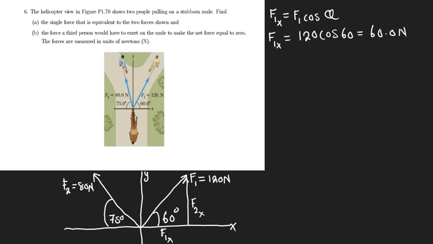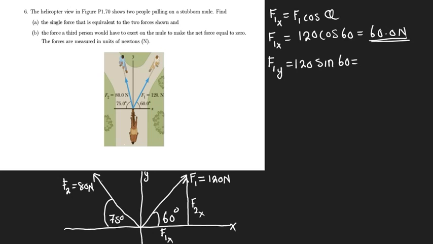And then we can calculate F1y. F1y is going to be F1, which is 120 newtons, times sine 60.